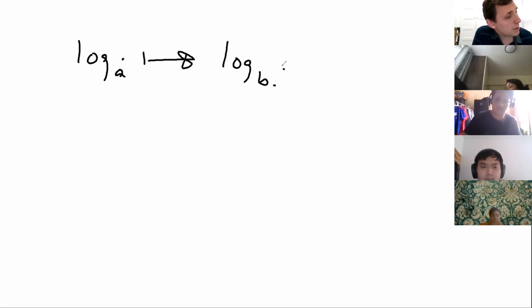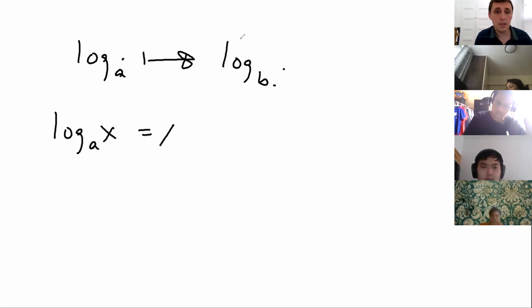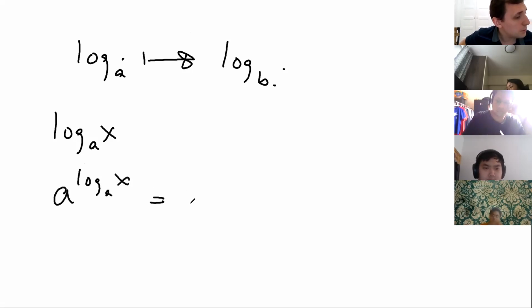Look at it. So if I have log base a of x, I want to convert it to log base b. What do I know about this function? I can say it simply like this. To understand how to change it, I can say that a to the power of log base a of x will equal x. Do you agree? But I can switch.